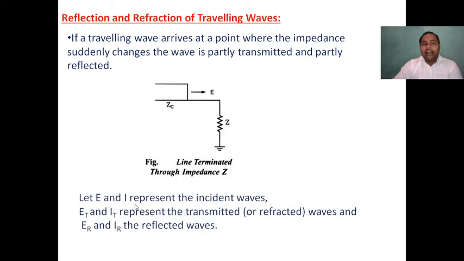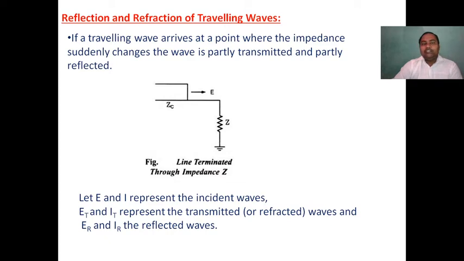Let E and I represent the incident waves. Incident waves means the wave is traveling from the sending end to the receiving end. ET and IT represent the transmitted waves. Transmitted waves means at any point on the transmission line, the wave is the sum of the incident wave plus the reflected wave.